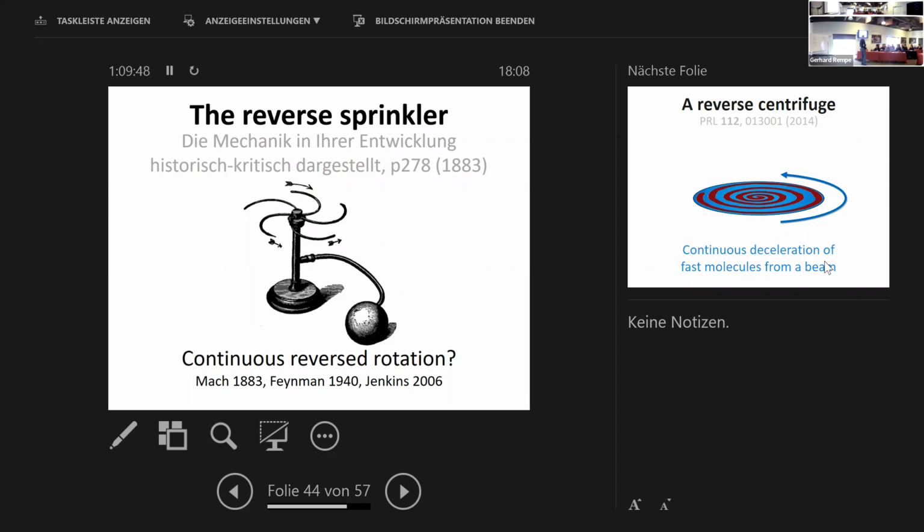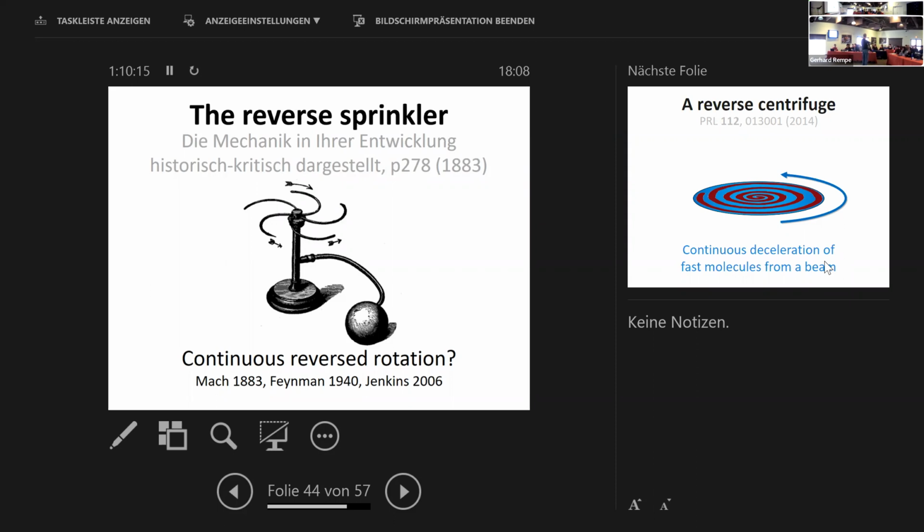Ernst Mach was a great physicist. One of the other persons who thought about it was Feynman in 1940s. Feynman couldn't come to a solution. Feynman, once in his life, made an experiment. Exactly this one. He went into some lab, built this thing, put it into the water, and tried it.